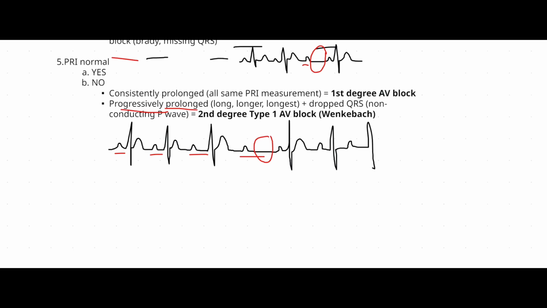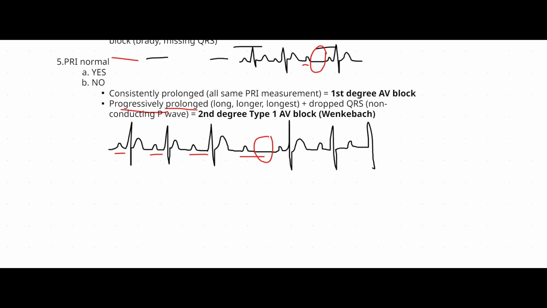So what is the something else? If the PR interval is consistent, so this is key, consistent, same measurement, right? Either normal or prolonged, okay, plus the dropped QRS.